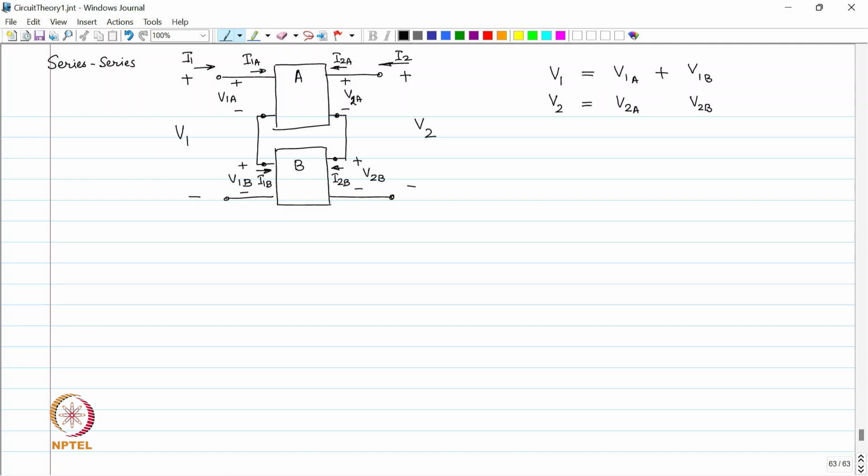V 2 is equal to V 2 A plus V 2 B, and then what is the relationship between I 1, I 1 A and I 1 B?